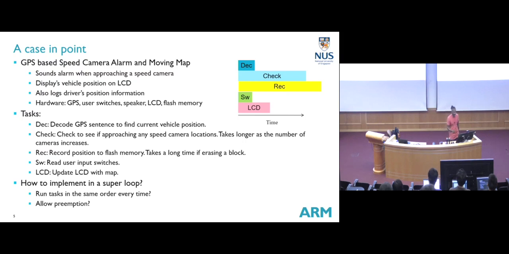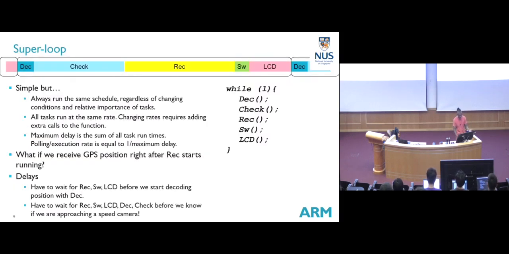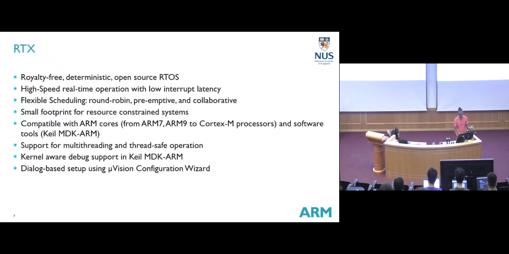Because now I can say that I have one task for decode, for checking, for recording the switch and LCD, and each of these tasks will have a specific purpose, and then I decide how they talk to each other. So the whole framework will change once the OS comes in. So instead of doing what we did before, now we use the OS, and then we can go ahead. The OS that you are currently using in this module is the RTX OS.